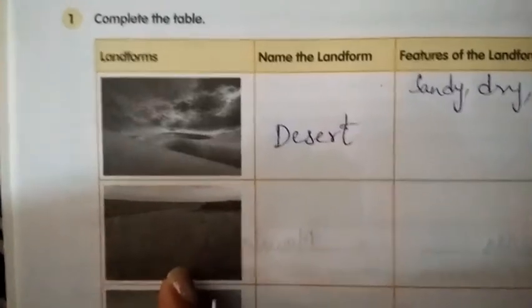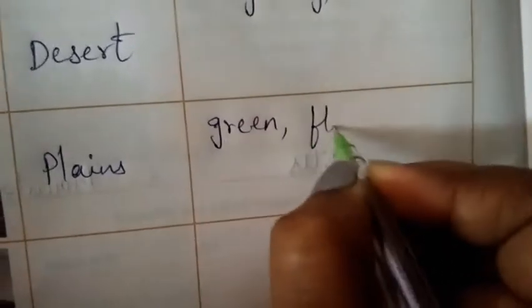Like that we'll do the next one. What is the next one? You can see the crops here, right? Where do the crops grow? In plains. Which type of landform is it? Plains. How will it be? It is full of greenery, so green, and it is flat land. And the third one, what is it?